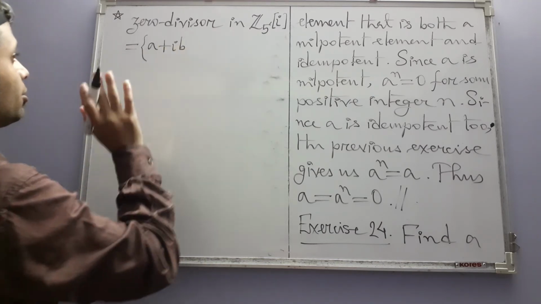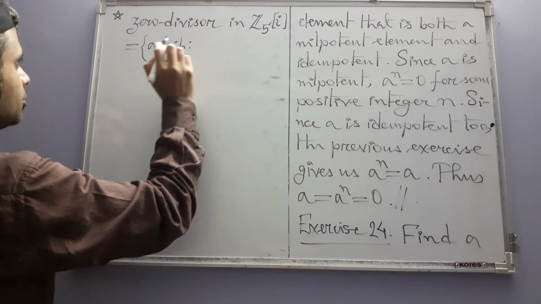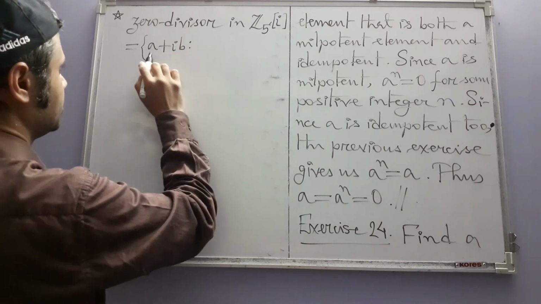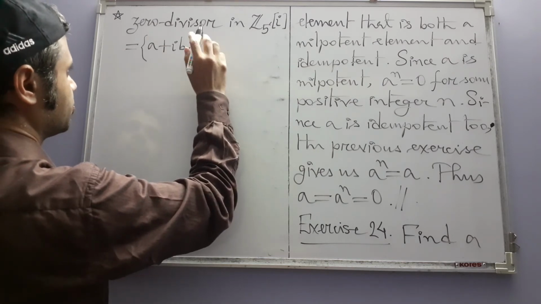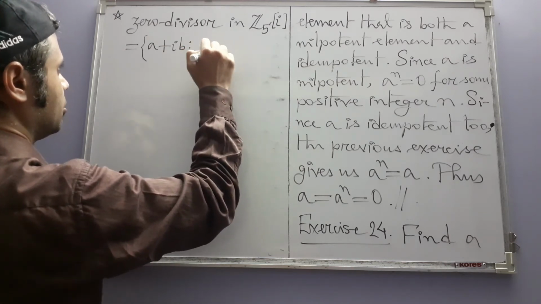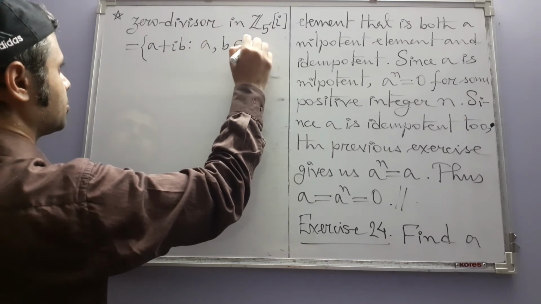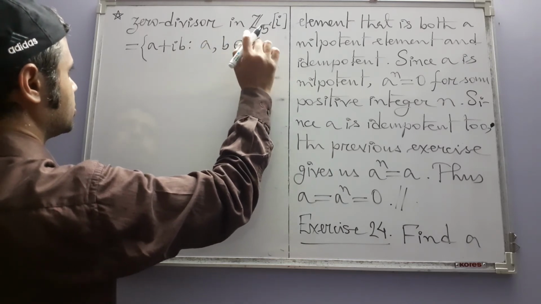Oh well, I should not say complex numbers, sorry, because a and b are not real numbers. Objects that look like complex numbers, where a and b are coming from this finite field Z5.